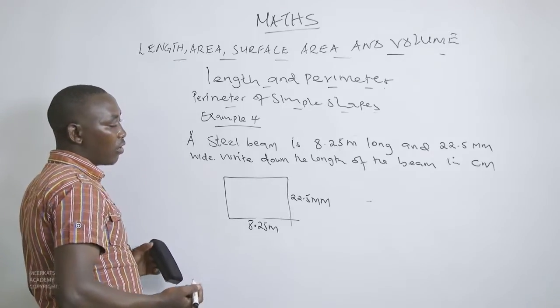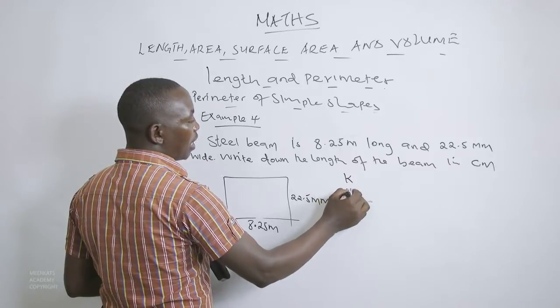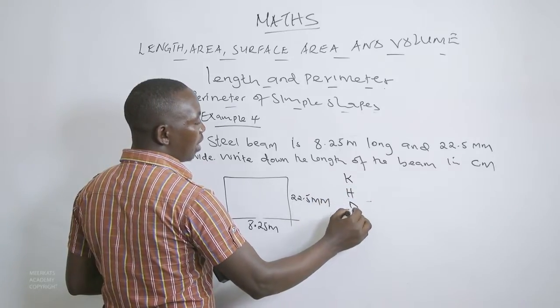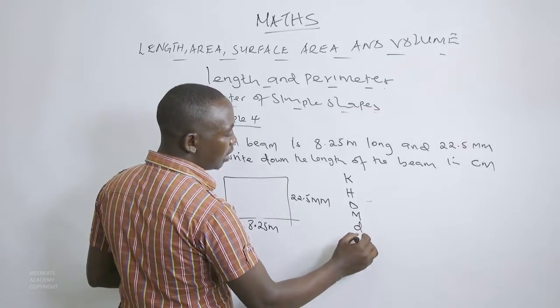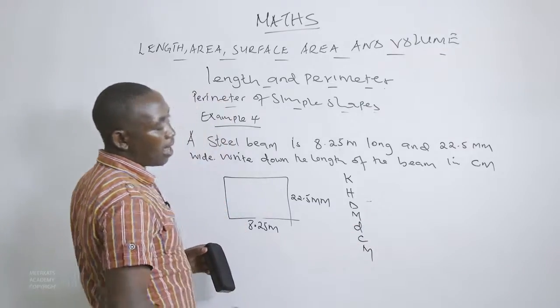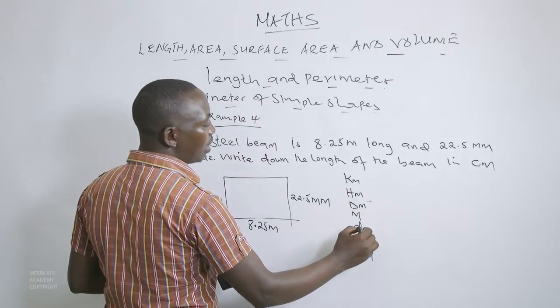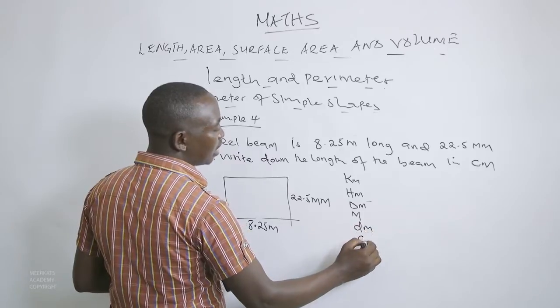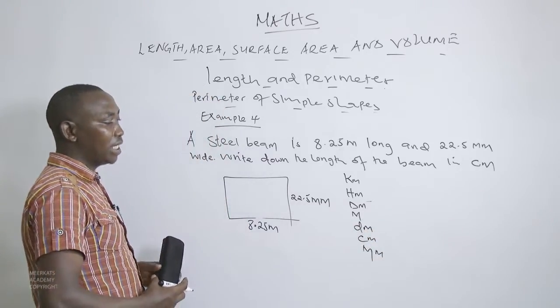So we had said that we are going to use our acronyms K, H, D, M, D, C, M, where this is kilometer, hectometer, decameter, meters, decimeter, centimeter, and millimeter.